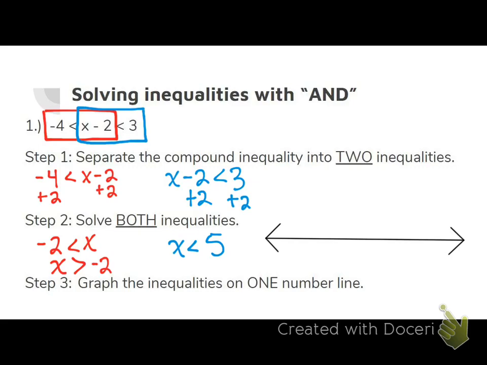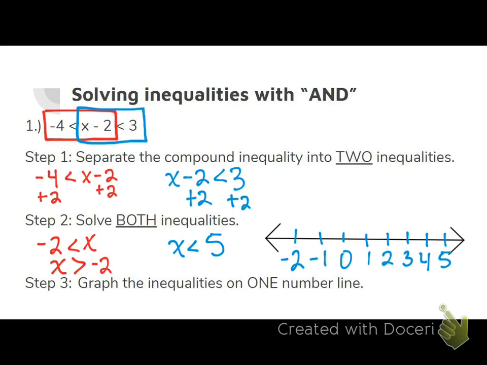Let's see, we need both -2 and 5 on this number line. 0, 1, 2, 3, 4, 5. Okay, if you wanted to count by 2s, you could do that instead. But make sure that you're making your number line so that both of these numbers will fit on it.